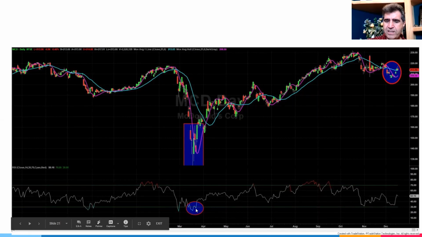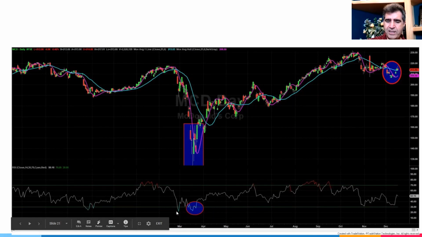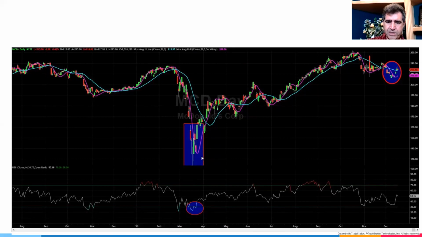With the RSI, you can see the divergence. Here we are much lower, but the RSI is actually higher than the previous time at the end of February. That told us maybe this is a time to consider that we can accumulate McDonald's.